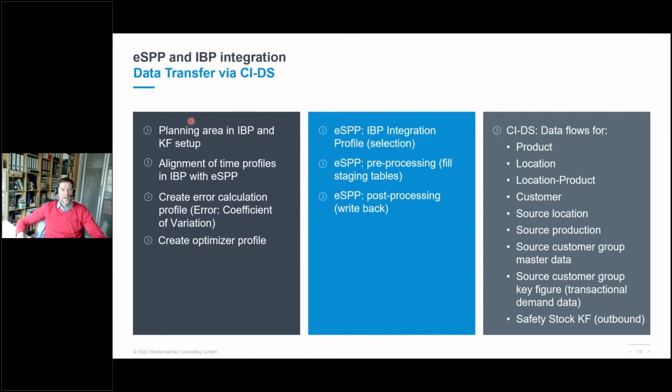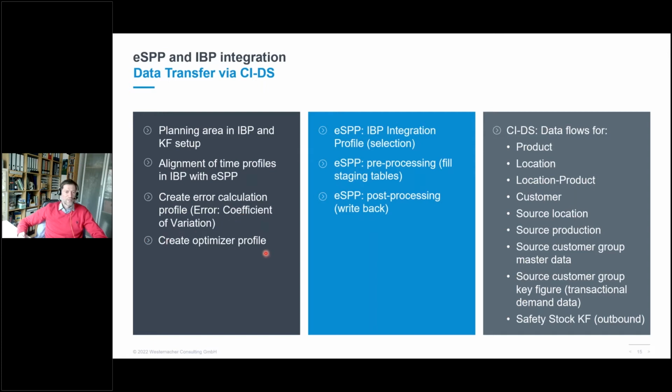On the IBP end, you need to set up a planning area and the key figures. You need to align the time profiles, because in eSPP you can plan forecasts in weekly or monthly buckets, and IBP always uses weekly buckets. So these need to be aligned. You need to create a profile for the error calculation, so you need to tell the system how the error should be calculated, the coefficient of variation.